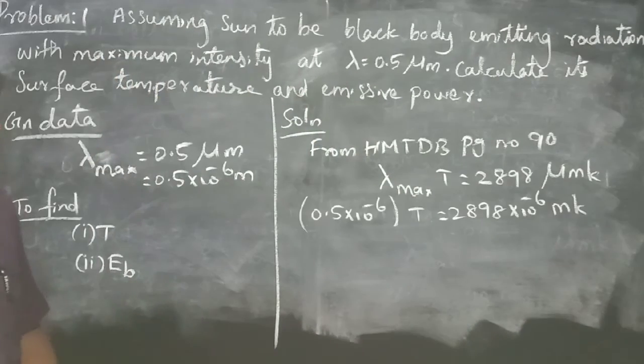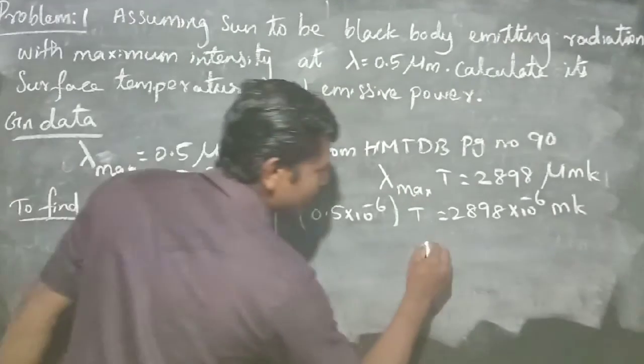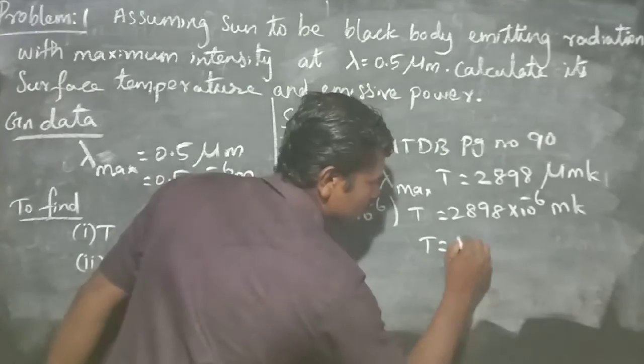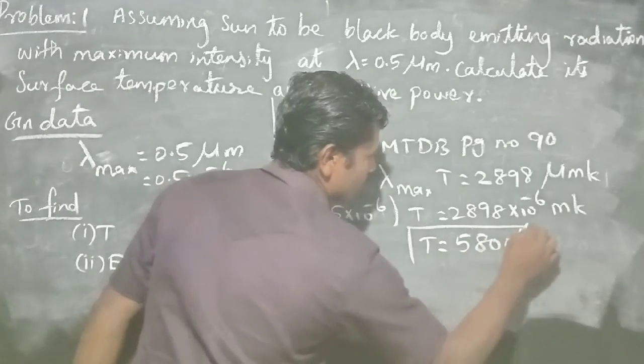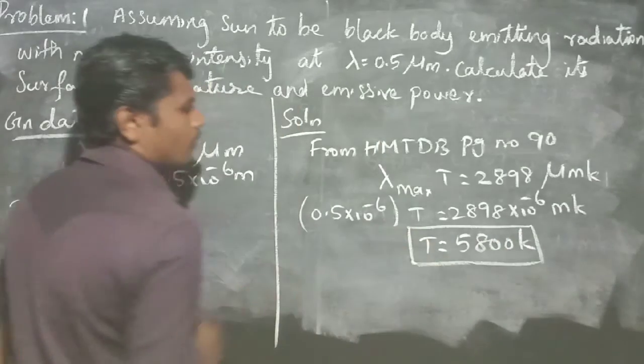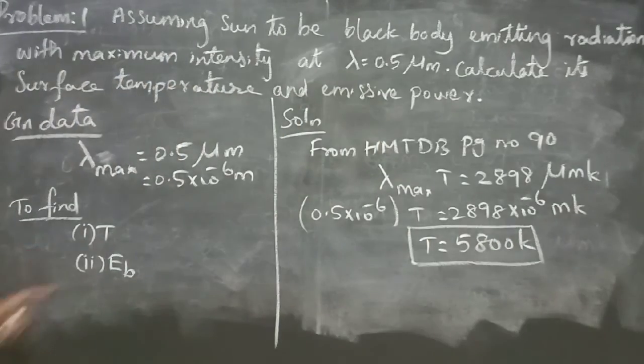Substitute all the values and find the temperature. The value is 5800 Kelvin. We found the first term.